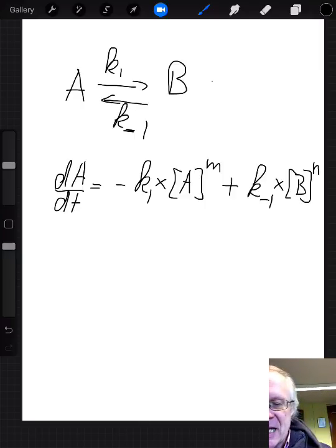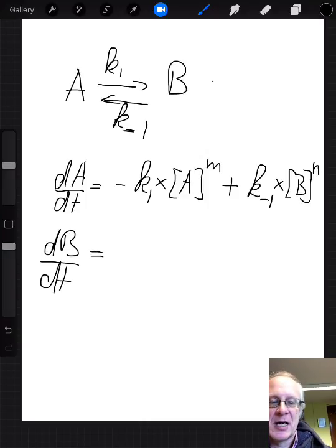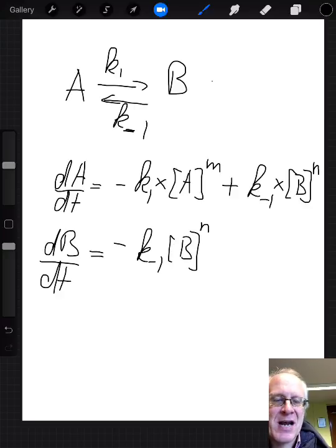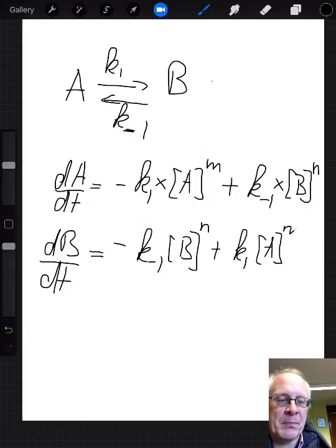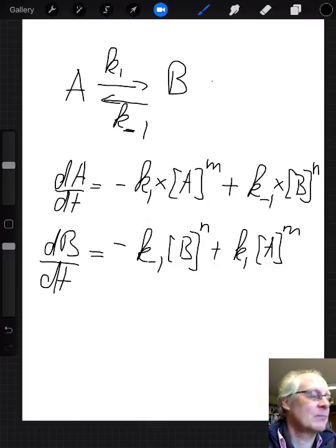And for B, dB is a similar situation, equals minus K minus 1 B to the power of N plus K1 A to the power of M. Does that make sense?